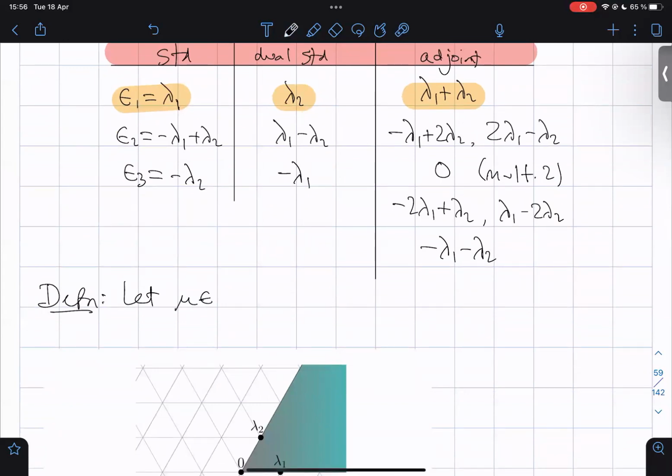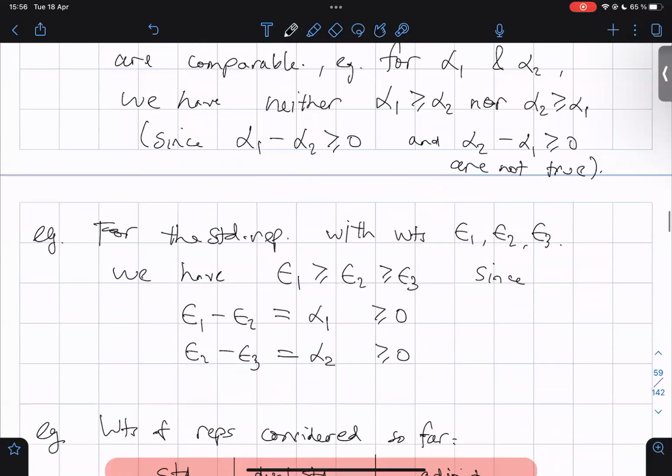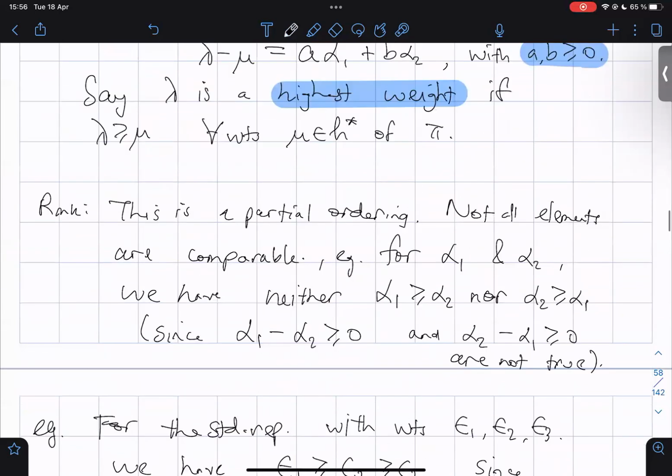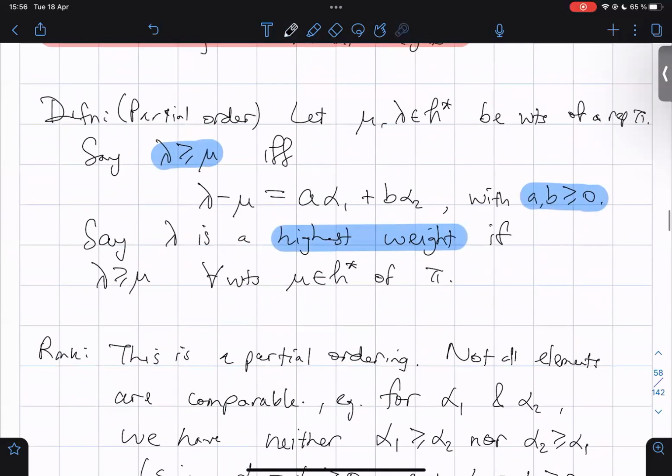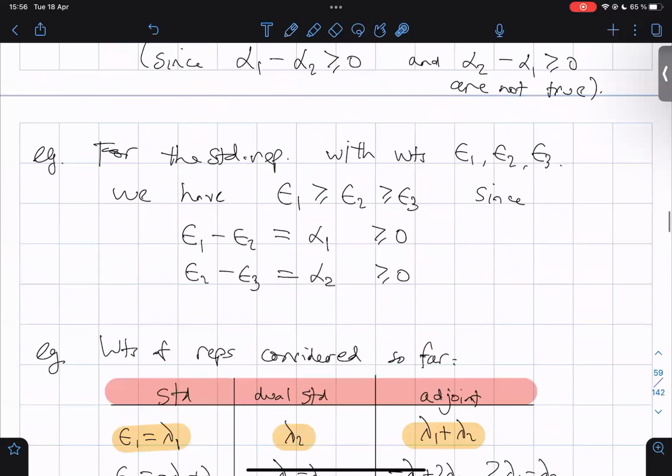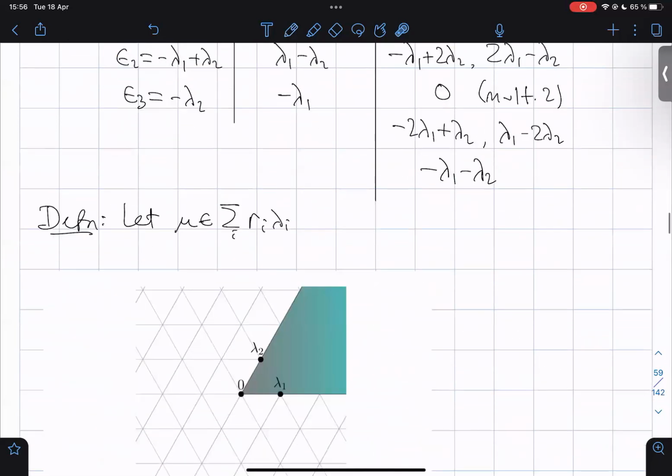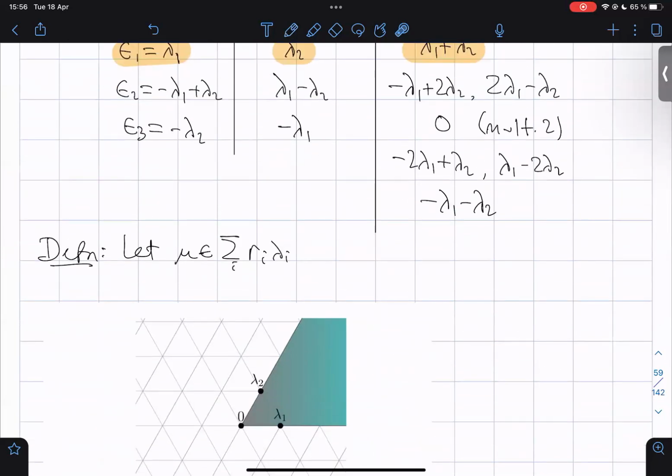Okay, so let mu be in H star. I formulated this all for SL2, where I just have two simple roots, but it's a similar definition for other cases where you have more. Your coefficients with respect to the simple root basis should be non-negative.